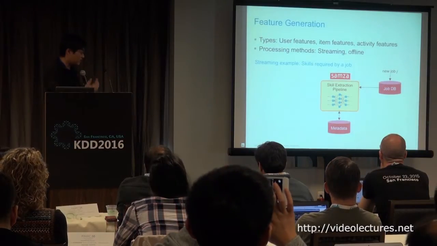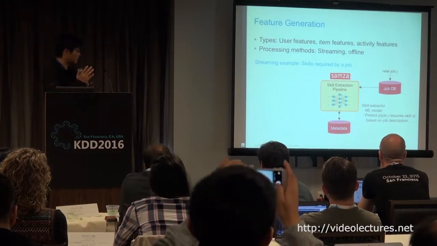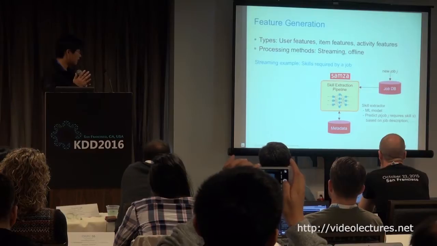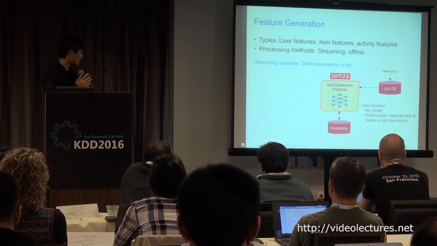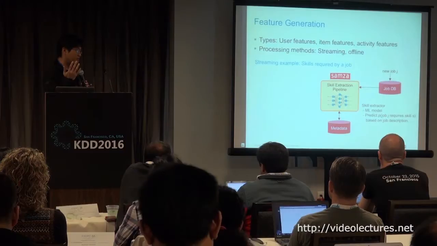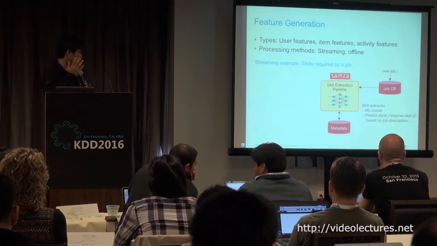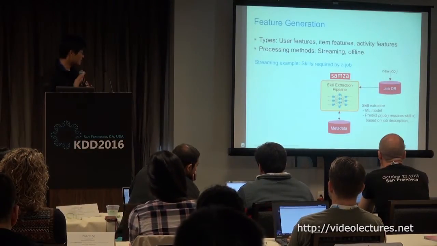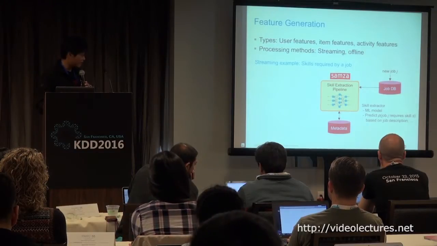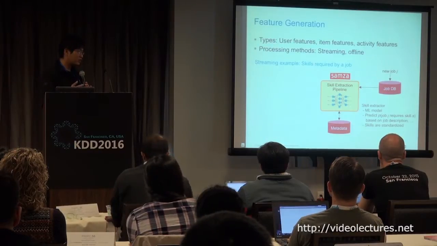And this may require some metadata in other systems. Then this skill extractor is also a machine learning algorithm that tries to predict the probability that a job J would require a skill S, based on some human labels. So we also run CrowdFlower tasks to collect human labels to give us the ground truth of the skills for each job in our training data. And then all the skills also need to be standardized, put into a taxonomy.